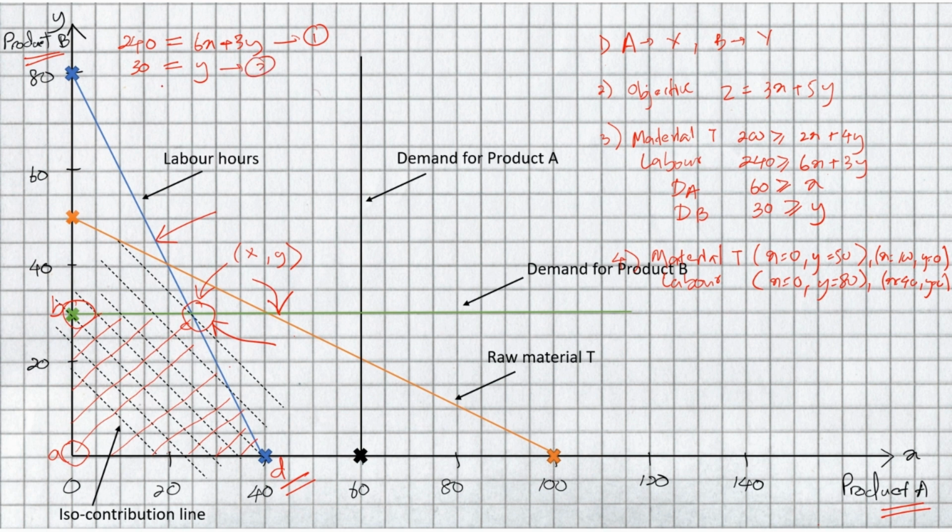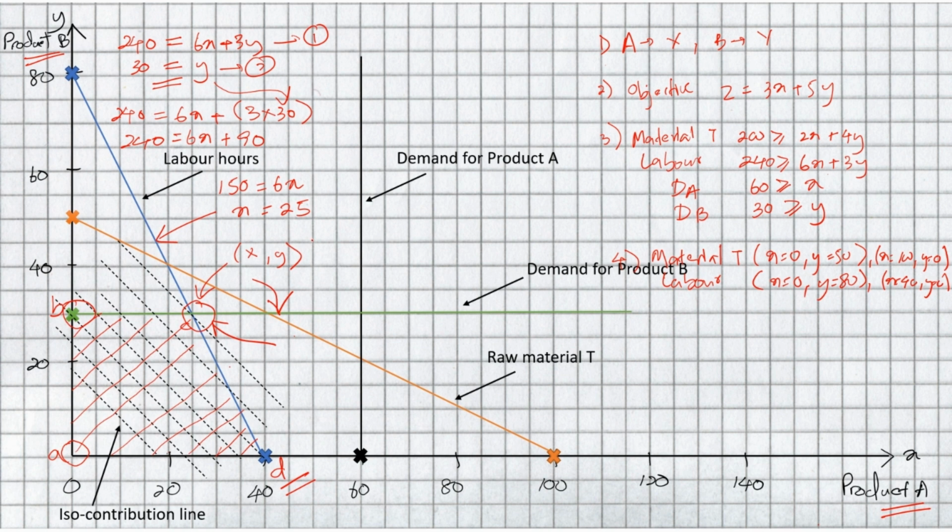This calculation is simple because we already have the y value, which is 30. All we have to do is assign the y value to the first equation. So let's do that. 240 is equal to 6x plus 3 multiplied by 30. 30 is the y value coming from the second equation. 240 is equal to 6x plus 90. 150 is equal to 6x. x is equal to 25.